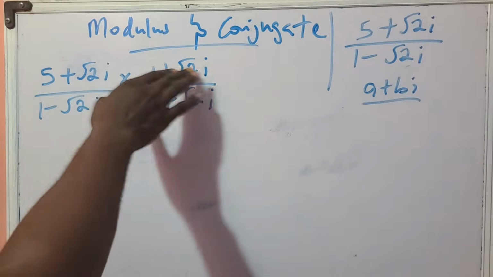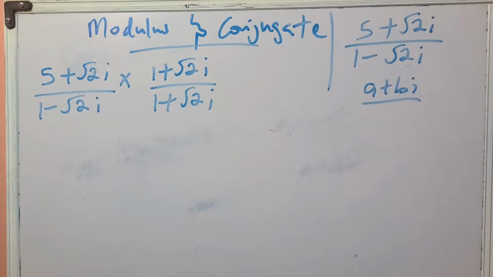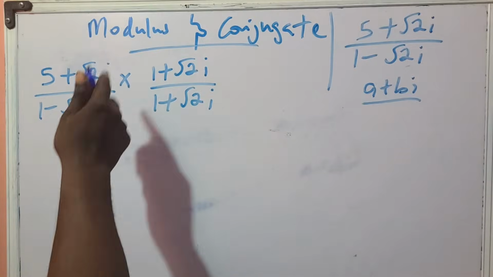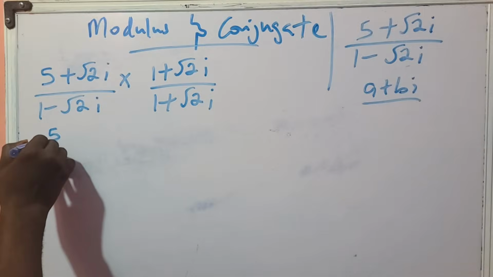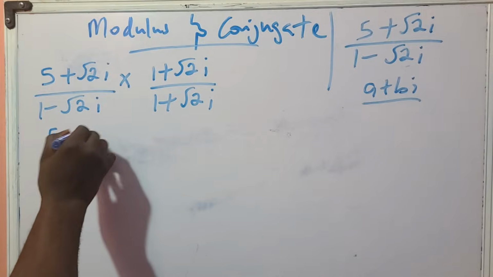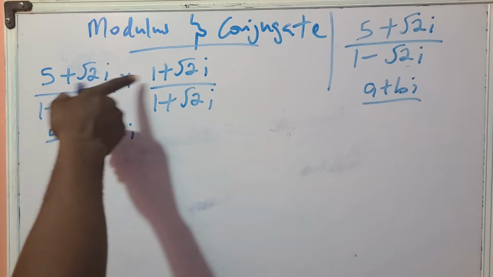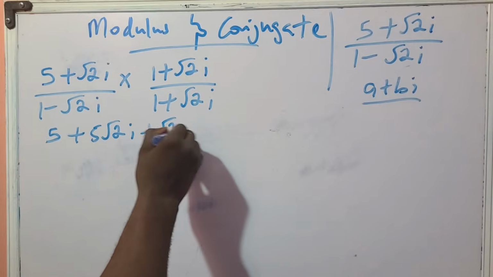So if you see what we have here, we can easily multiply these two together, and what we'll be getting is obviously 5 times 1, that will be 5. 5 times square root of 2i, that will be plus 5 square root of 2i. And then square root of 2i times 1, that will be plus square root of 2i.